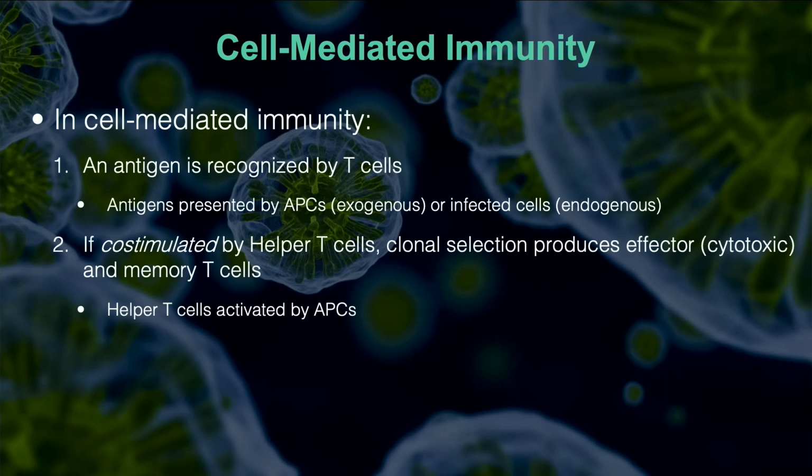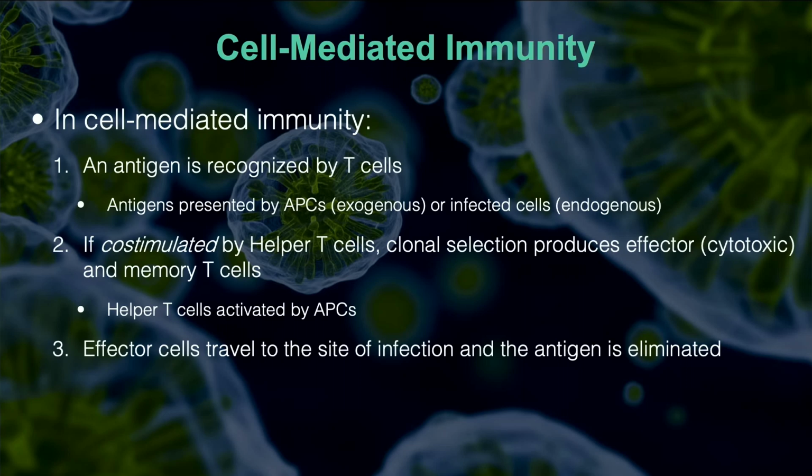So if the T cells are co-stimulated, clonal selection ensues. There are more cells available to be involved in this cell-mediated branch of the immune response. The T cells will recognize either of the antigens. Helper T cells themselves are activated by those dendritic cells, the APCs specifically.